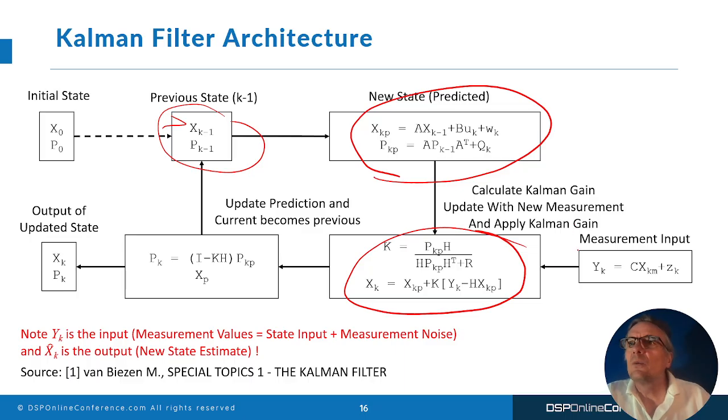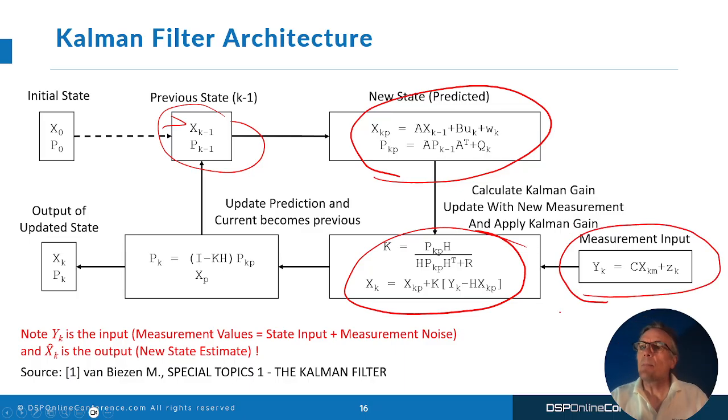So what's new? Well, what's new is over here on the right-hand side. This is our measurement input. This is the input from our sensor. We have three variables in here. We have the observation matrix, C. This is what we've observed. We have our state estimate. Here, we're going to multiply those two together.